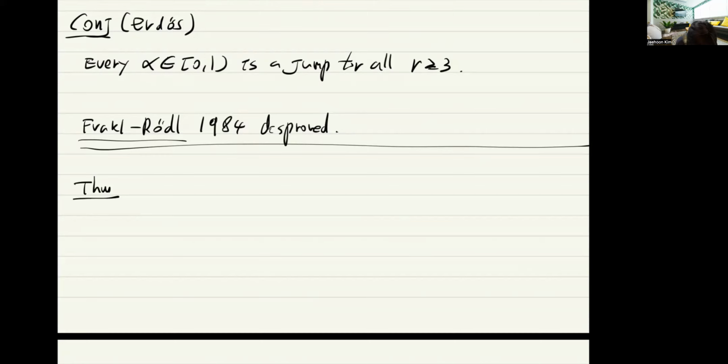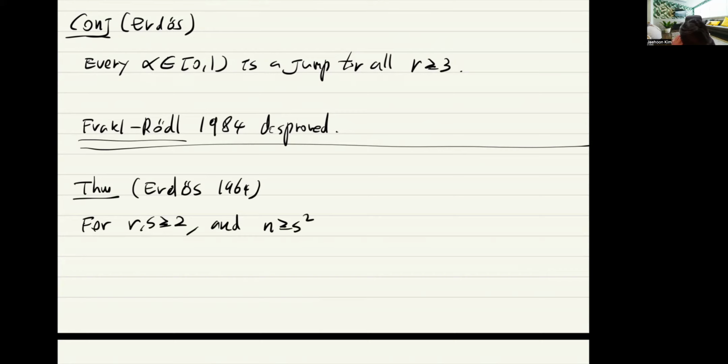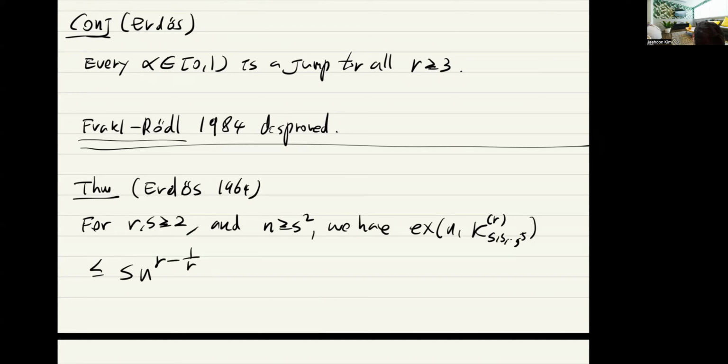And we can prove this theorem, that for r and s at least 2 and n at least, say, s squared, we have that the extremal number of n for K_s^(r), the r-partite r-graph, is at most s times n to the r minus 1 over s to the r minus 1.